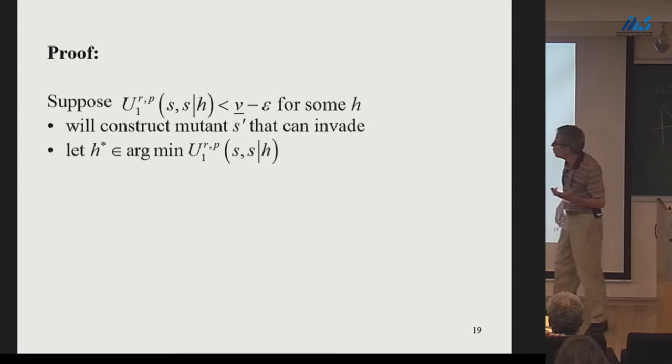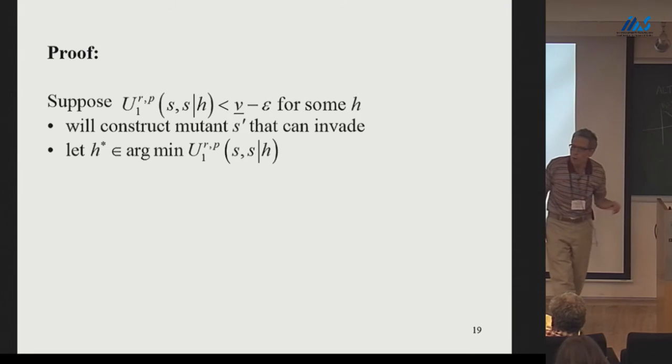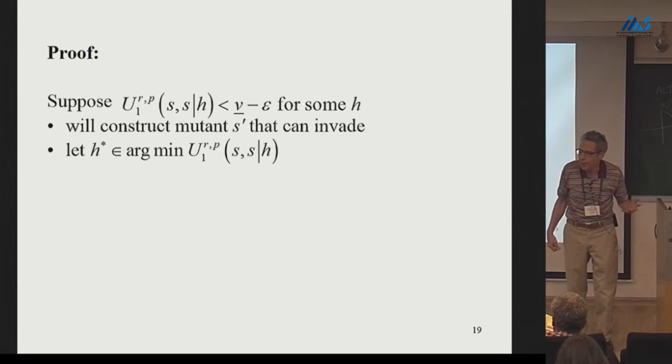First of all, we want to look for the history H star which minimizes player one's payoff in the continuation game, starting from H. And here's one place where we're using finite complexity.